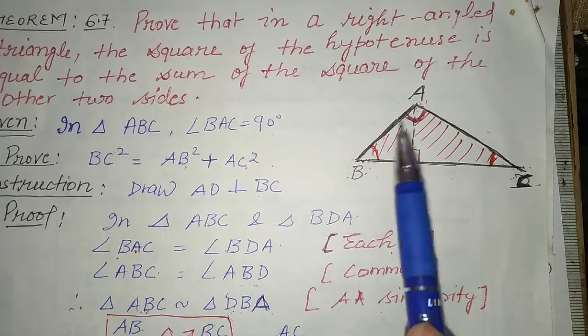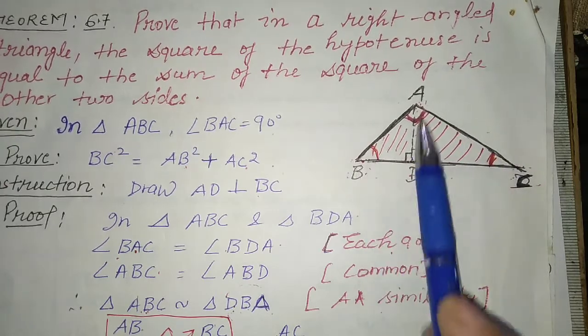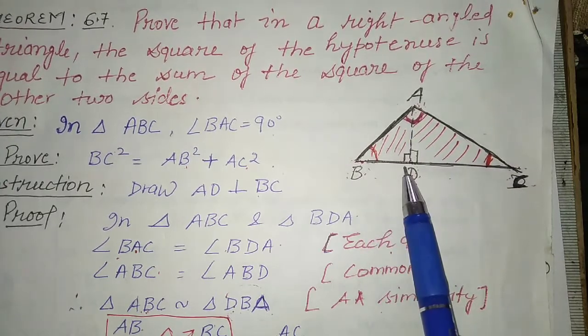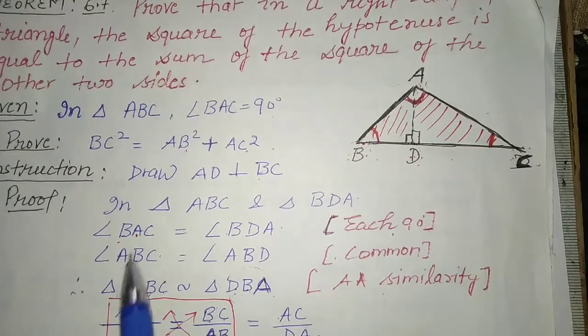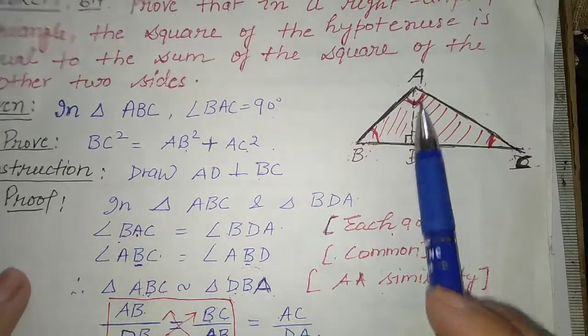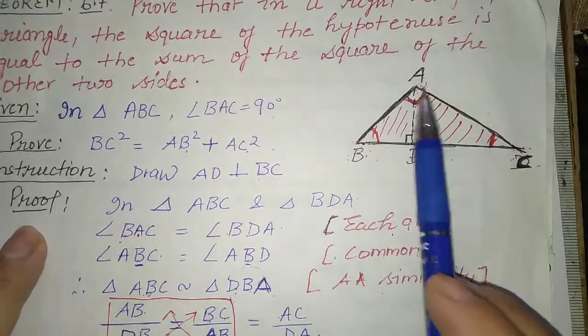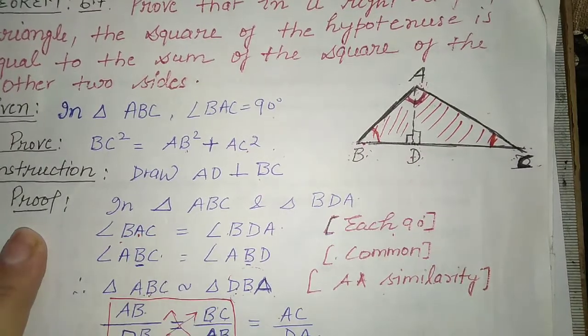And this angle B is in ABC and also in ABD. So angle B is common. So we have written angle ABC equals angle ABD, that is common in both the triangles.